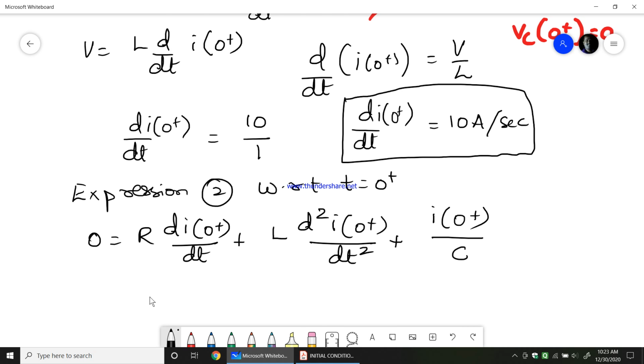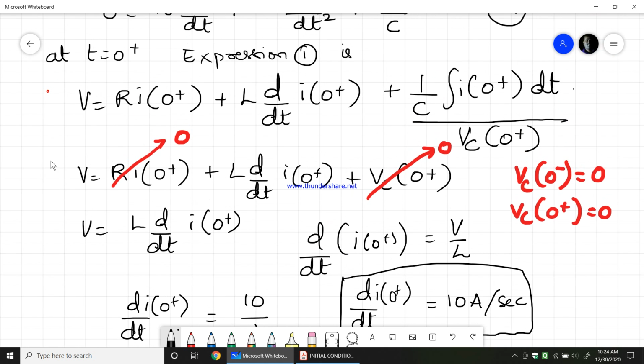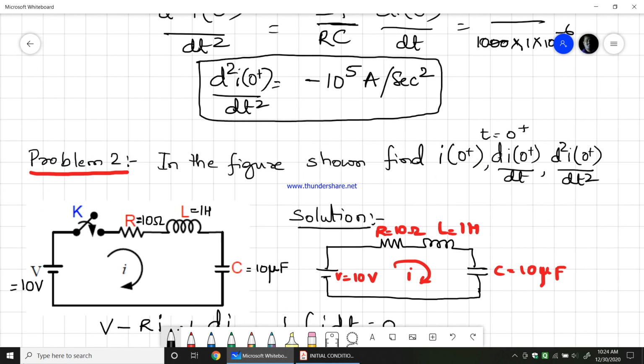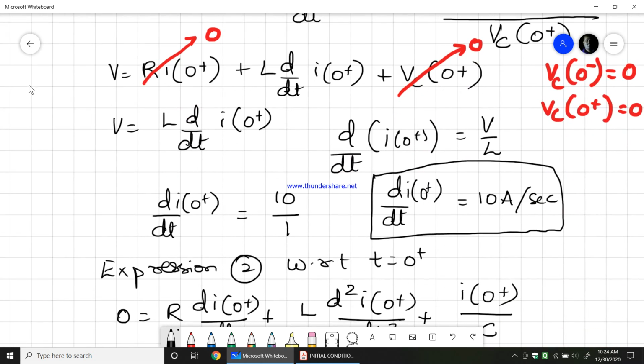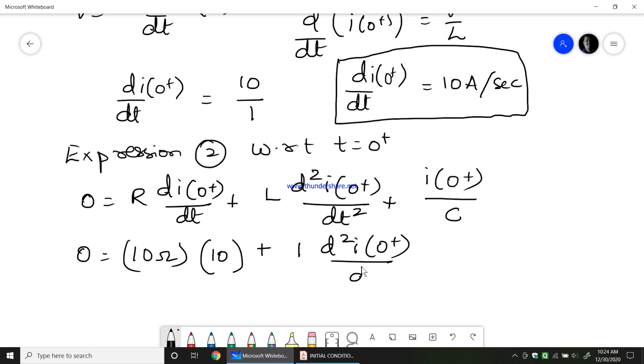Now, R is given in the question as 10 ohms, and C is given as 10 microfarad. So, 0 equals 10 ohms multiplied by 10 amps per second, which we have got, plus L, which is 1 Henry, into d squared I(0+)/dt squared, plus I(0+), which is 0.